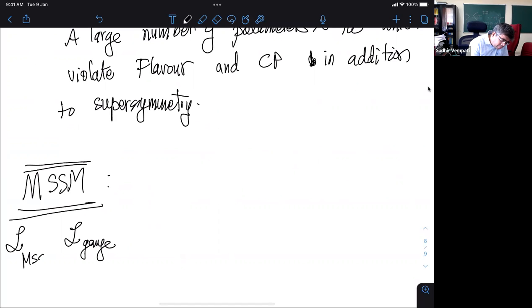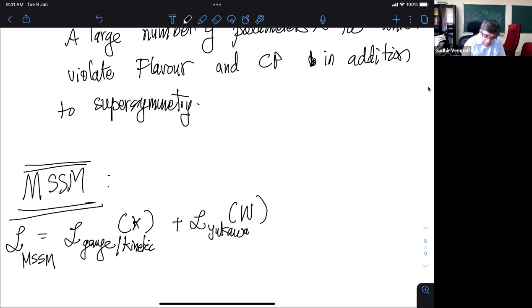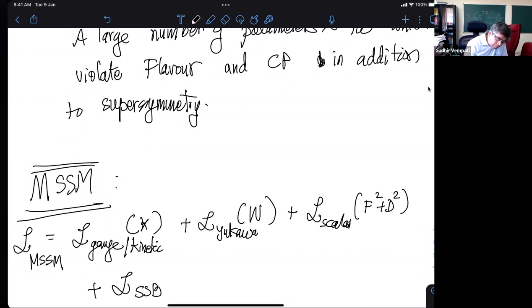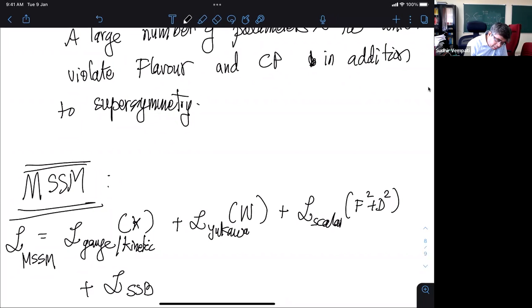L MSSM is equal to L gauge, L kinetic, essentially, which is coming from the Kahler potential, and then L Yukawa, which is coming from the W, and then there is L scalar, which is nothing but F square plus D square, and finally you have L supersymmetry breaking terms. Okay. Also, you also have this L curly W kinetic terms for the gauge bosons and the gauginos, which is coming from the gauge kinetic function.